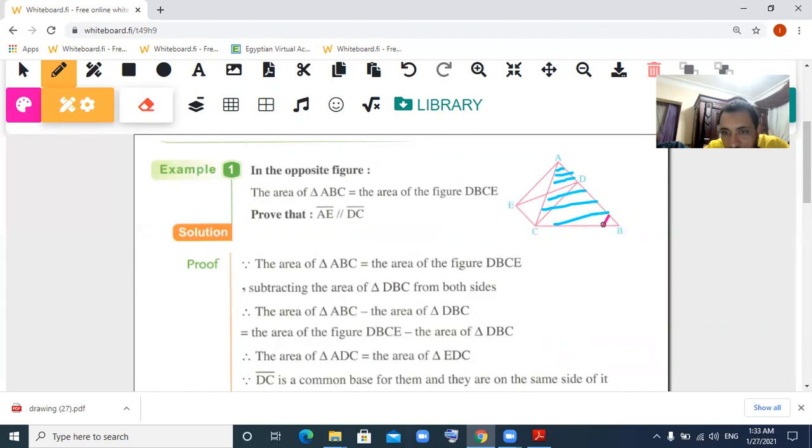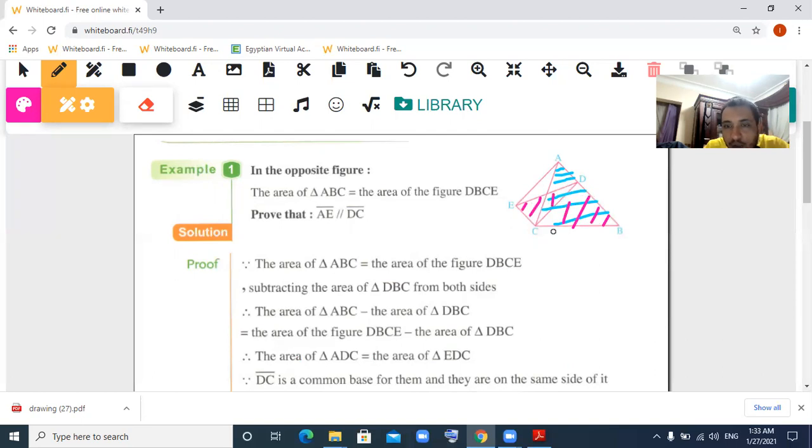It means the same part here, and I will take also this part. It's given that the areas of the two figures are equal. So try to search for our theorem, two triangles that have a common base.